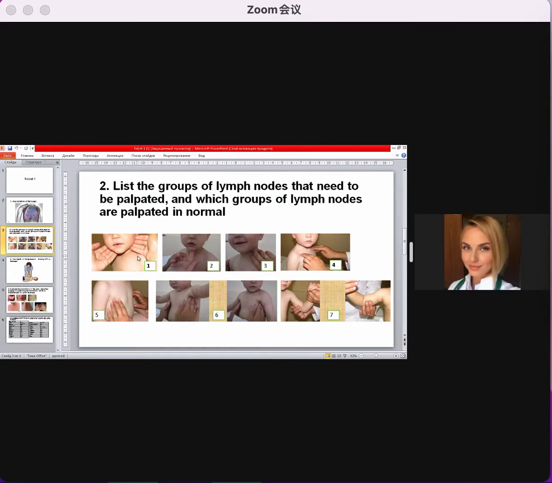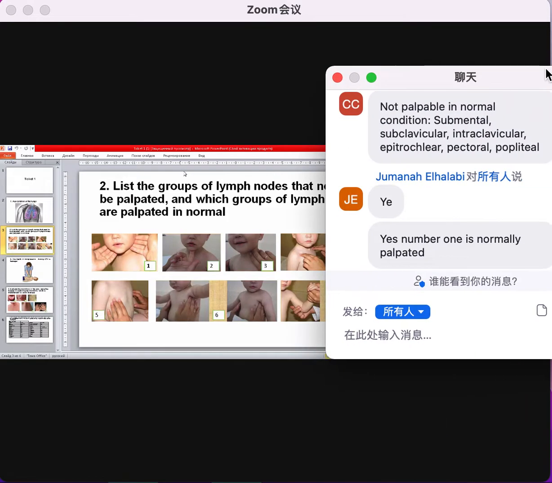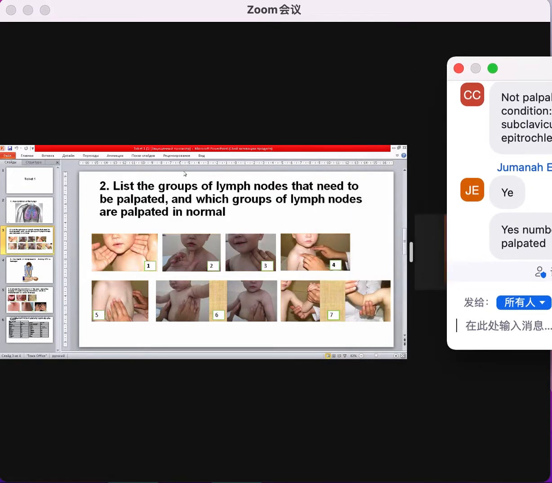Okay, so photo number 1 is normal. Yes, photo number 1 is normally palpated.